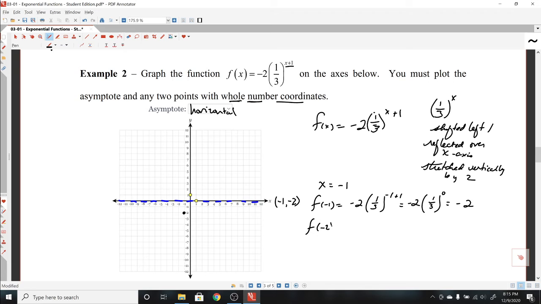And then if I do f of -2, I get 1/3 to the -1 power. Now remember, a negative exponent just reciprocates this. So the negative will reciprocate. To the first power would just mean that this is 3. So I get -6. So -2, -6.